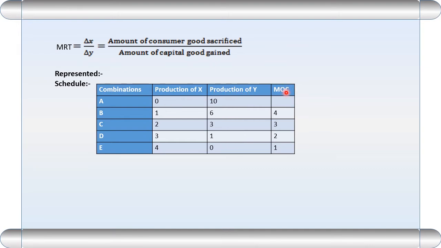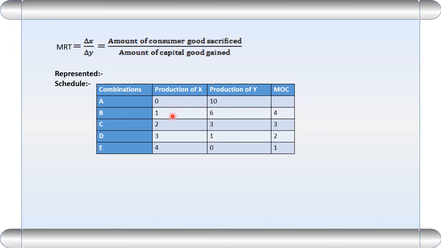Now let us see the marginal opportunity cost. Which good is being sacrificed? We can see that there is a fall in the production of Y and a gain in the production of X. Earlier we were on option A. Suppose we opted for option B. Earlier, how many Y goods were we manufacturing? We were manufacturing 10 Y goods and no X goods.